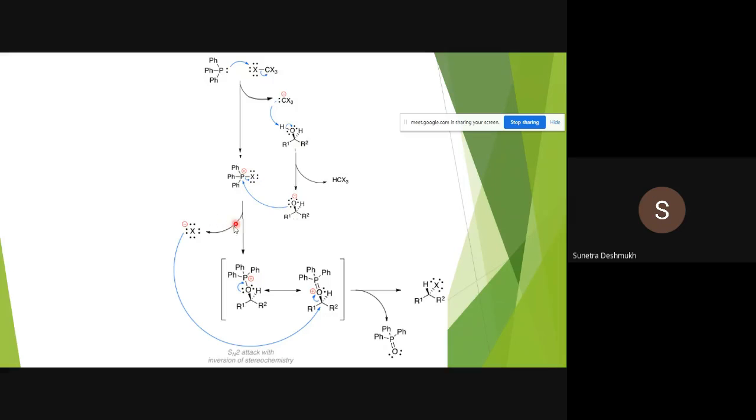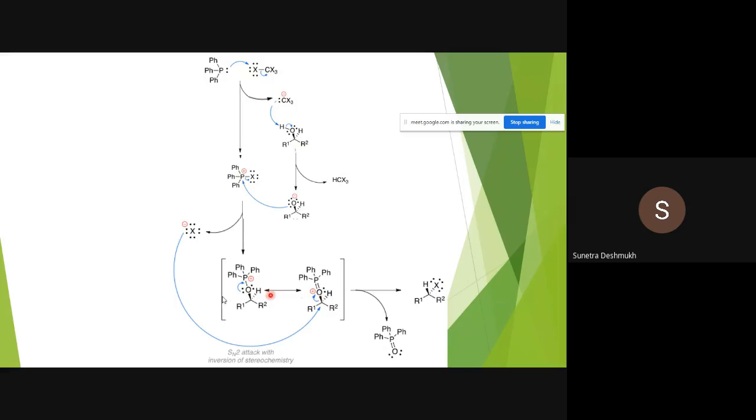Now we got one intermediate in which there is a bond between phosphorus and oxygen. This bond is very helpful to remove the oxygen atom. Once we got the phosphorus-oxygen bond, half of the reaction has finished already.